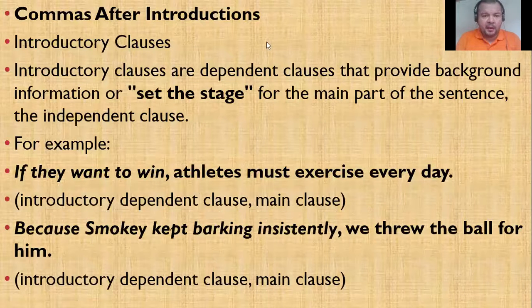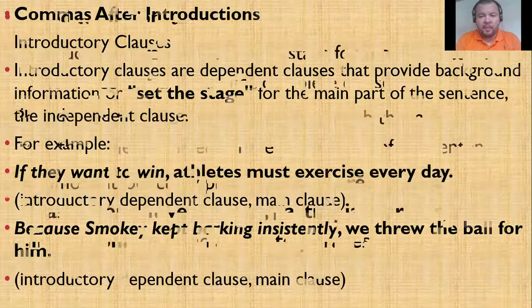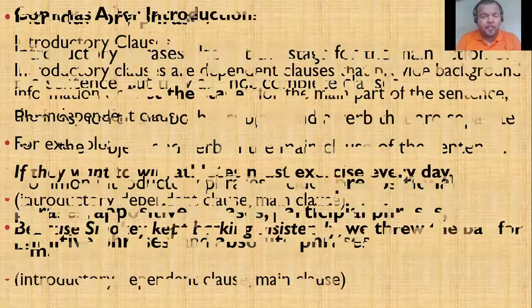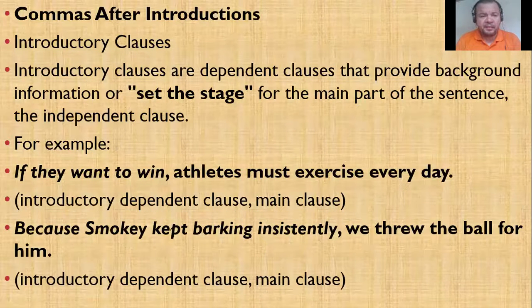We can use a comma after introductions. For example, in introductory clauses. Introductory clauses are dependent clauses that provide background information or set the stage for the main part of the sentence, that's the independent clause.